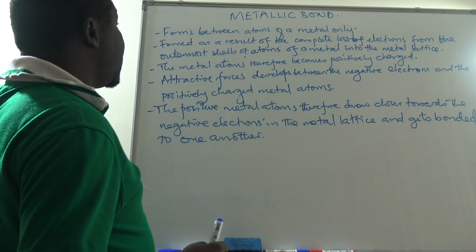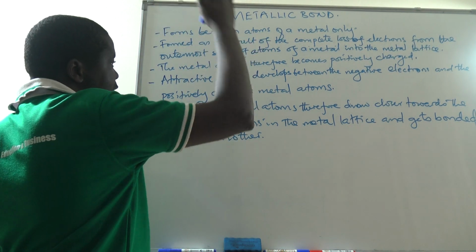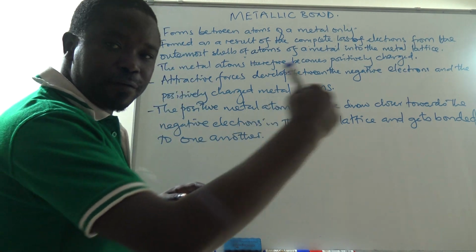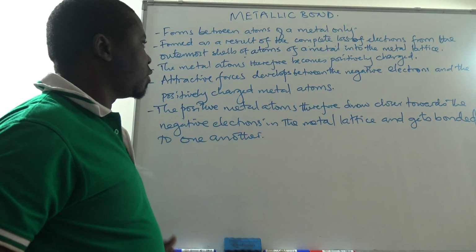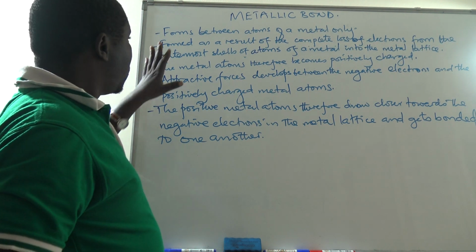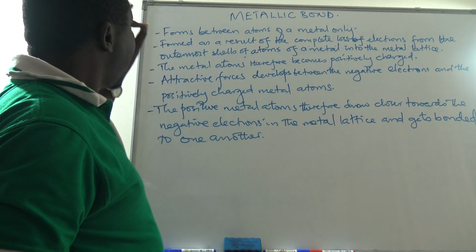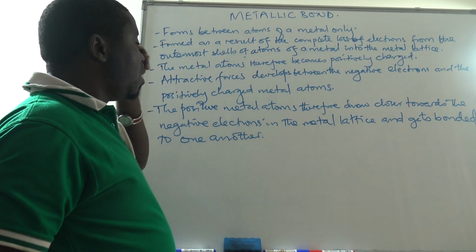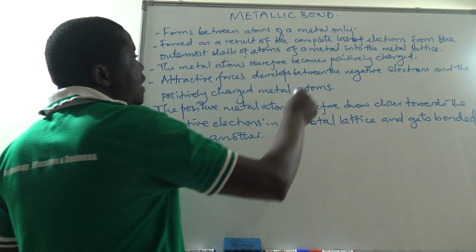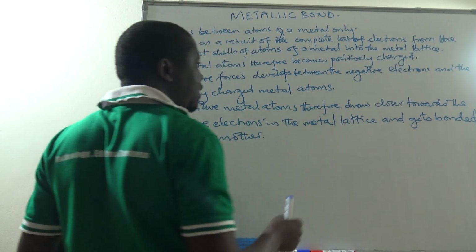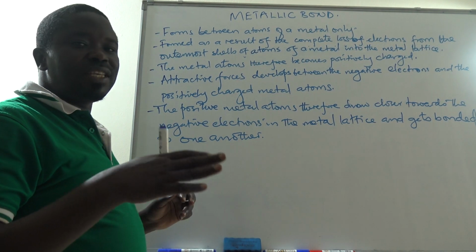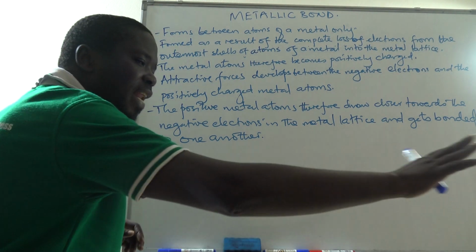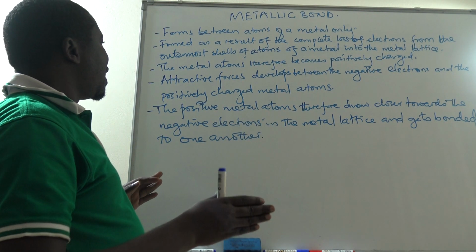So the process is very simple. Metallic bonds are formed between atoms of a metal, not between atoms of metals, but between atoms of a metal. Within a metal lattice, the atoms of the metal lose all the electrons in their outermost shells, and in the process they become positively charged. Those electrons remain moving freely, what we call free moving electrons, in the metal lattice.